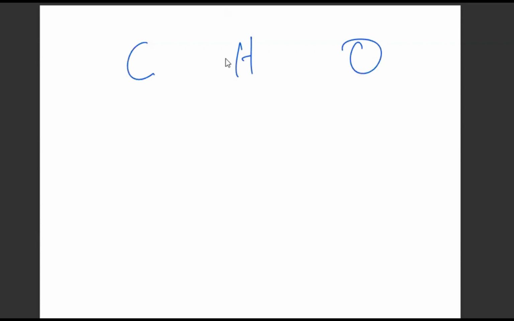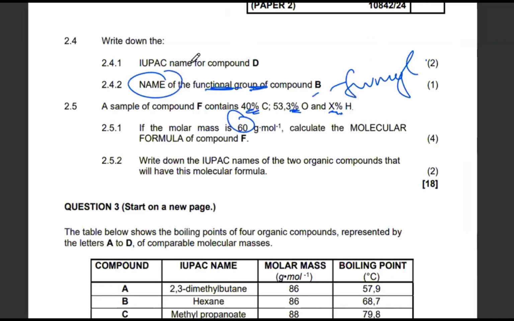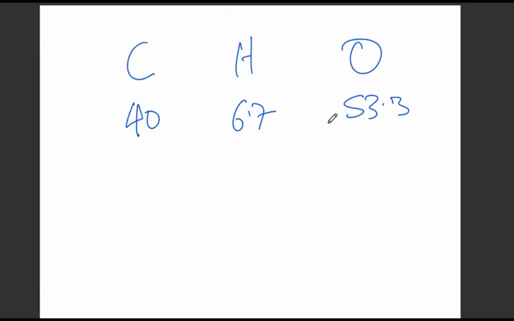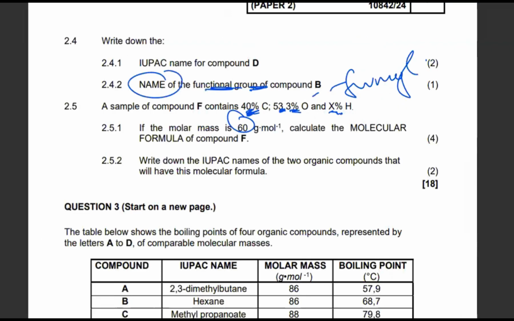Carbon we have seen is 40, and then hydrogen is 6.7, and then oxygen is 53.3. Where do I get those numbers? I get them from the percentages. How did I get the percentage of hydrogen?